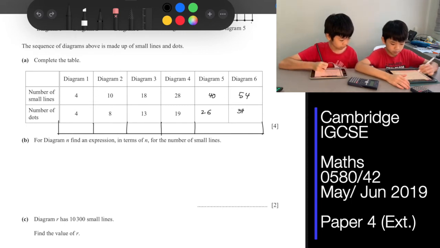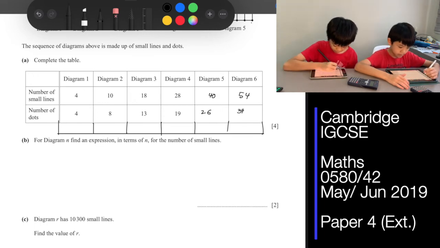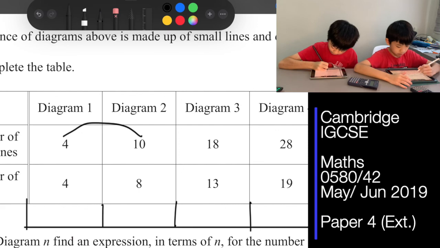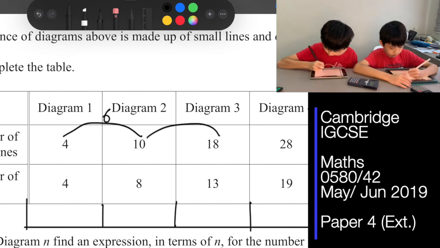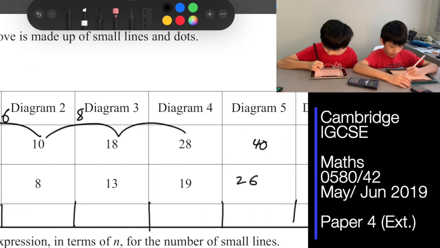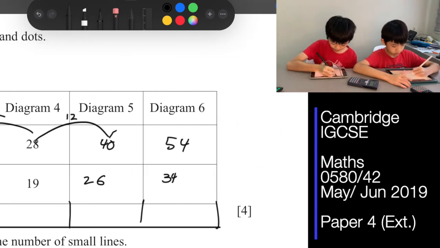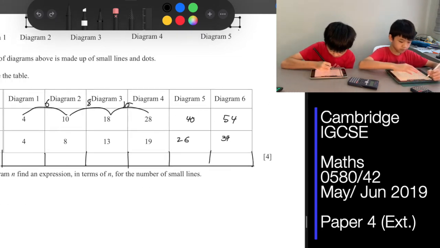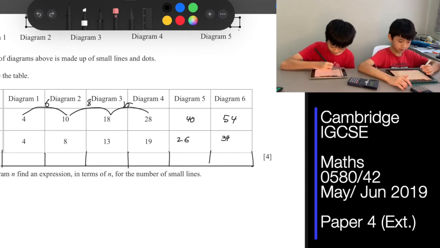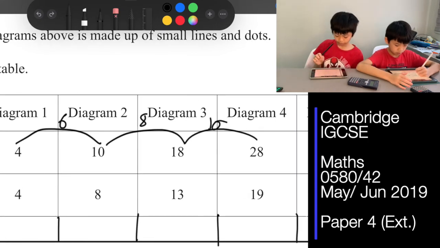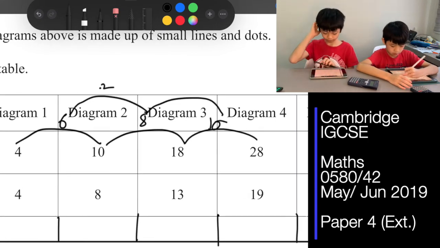And then we find the difference. So first we take the difference, which we did earlier, 10, 12, and we don't need to do the 12. This should be enough. And then we find the difference of the difference, which is 2, and 2 again.